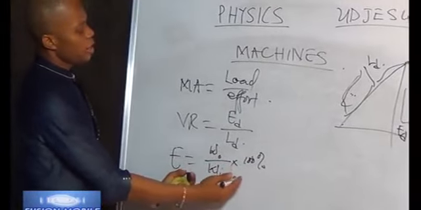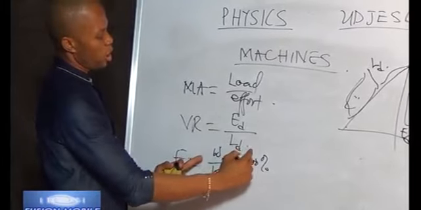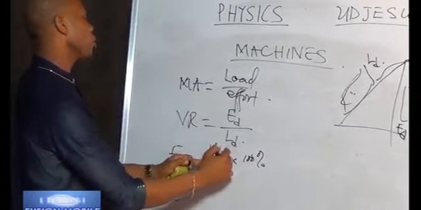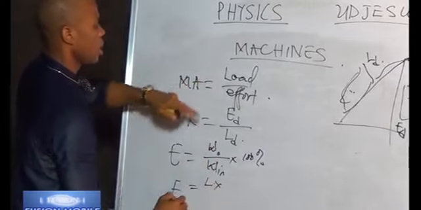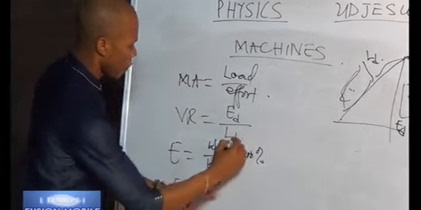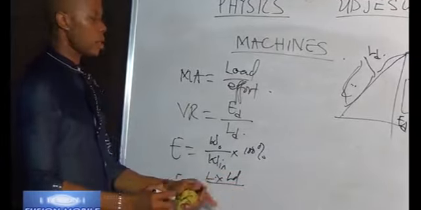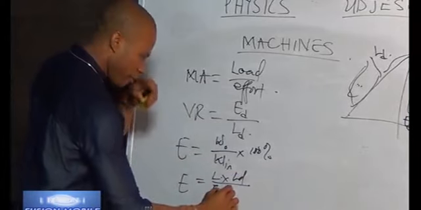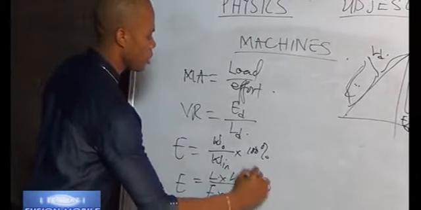If I'm bringing this down further, which I would like you to do, my dear, try bringing your work output and your work input. My work output will be the load times the load distance, because work is force times distance, while my work input is effort times effort distance, all times 100%.